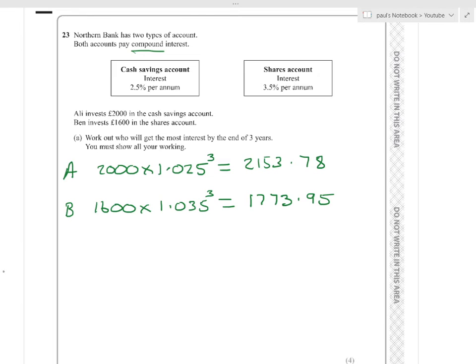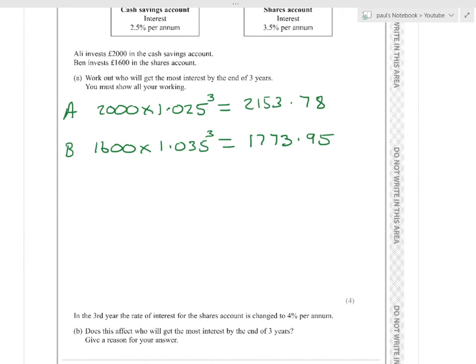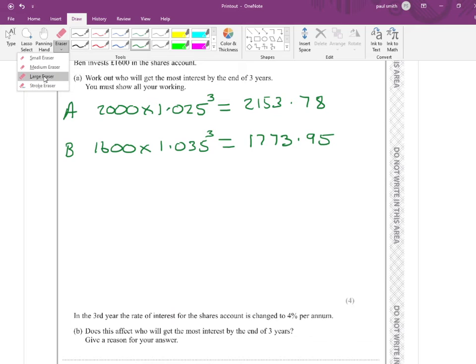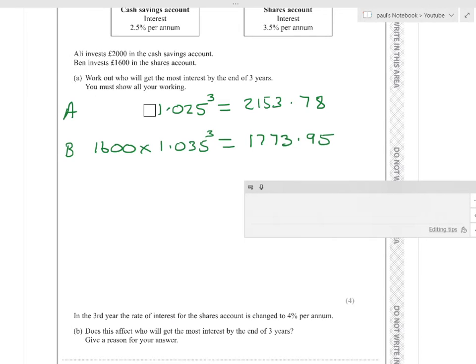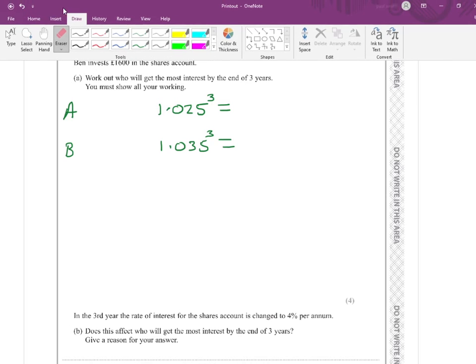So the most interest. I didn't see that. I've never seen it done that way before. So all we need to do is just work out the interest.